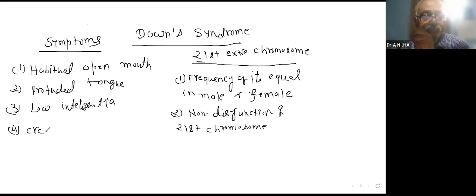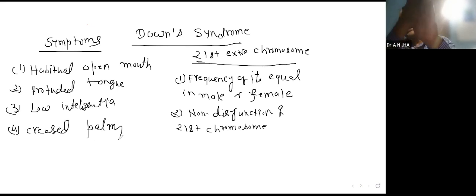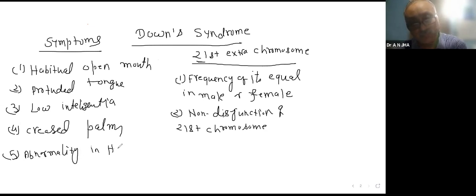Creased palm. Creased palm means if you see the hand, it is flat. So these are the symptoms, and there is abnormality in the heart also. It can lead a normal life, but they cannot study properly due to lack of intelligence, but can survive. This is about Down syndrome.